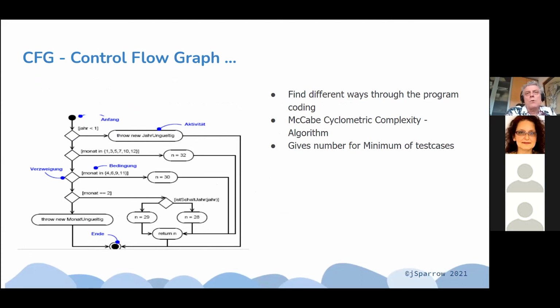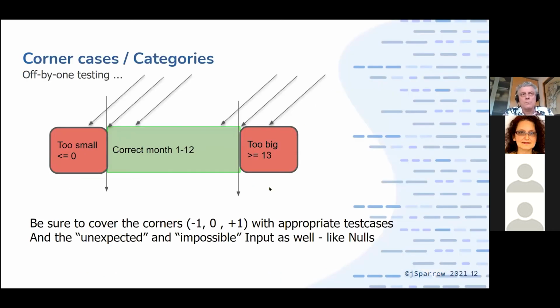So if you count these different paths, you will find out that you need at least 6 test cases for a complete coverage of that control flow, the algorithm shown before, to find out the number of days for a given month and a given year. But like mentioned, that's a minimum.